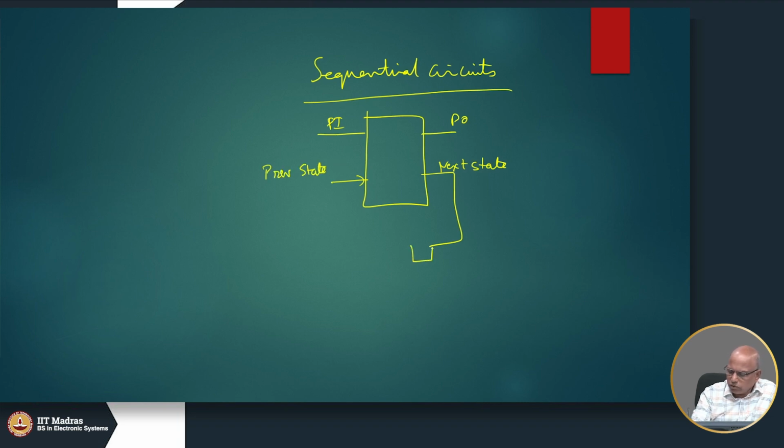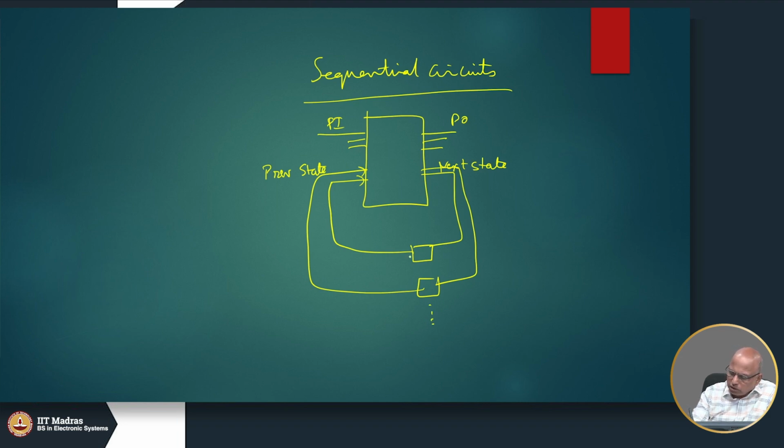And there may be flip-flops. There may be many primary inputs and there may be many primary outputs. I have only shown two, but there could be many.